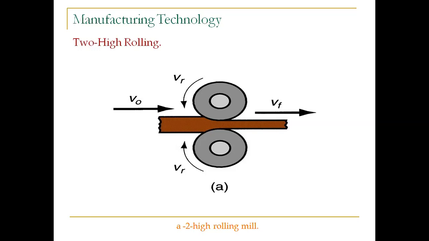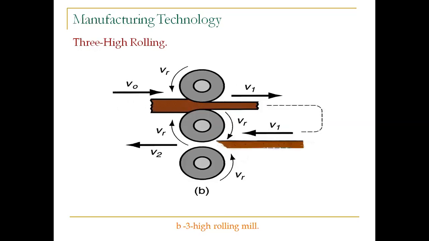Because the thickness is reduced continuously and the length increases, Vf is greater compared to the inlet velocity V naught. These are diagrams of three high rolling mill. In case of three high rolling mill, the process goes on continuously. So V naught velocity is changed into V1 and finally V1 is changed into V2, and VR is the relative velocity of the rollers.